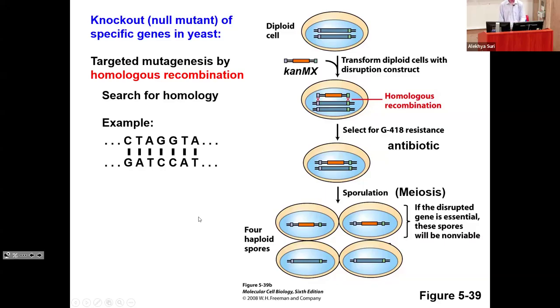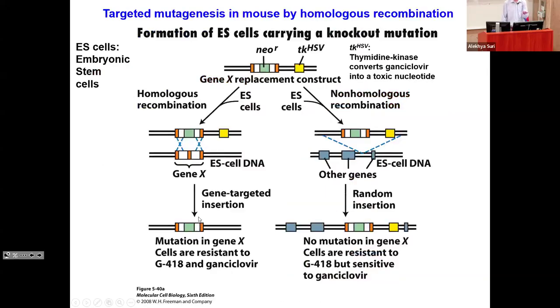But with mammalian cells it's a little more complex, because mammalian cells do not have this efficient recombination, looking for homology. If you have a DNA fragment used to knock out a certain gene, very often it would go to a different location in the mammalian genome.